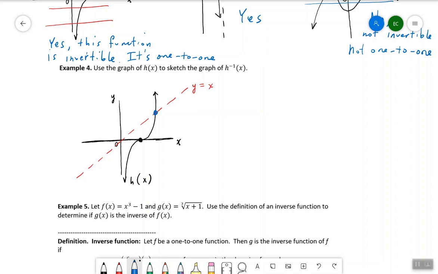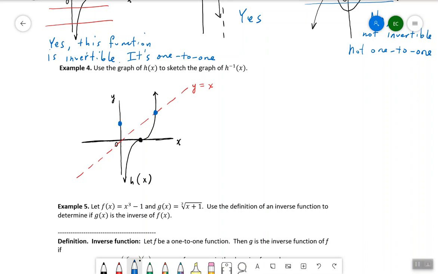There are a couple little tricks to do this successfully. The first one is to remember that a point on y equals x is going to remain stationary. And then the other trick would be to remember that the x and y coordinates switch position. So this x-intercept looks real good. This x-intercept is going to become a y-intercept, and it should be over about right here. And so with that, we should be able to connect up the curve so that it looks like a reflection.